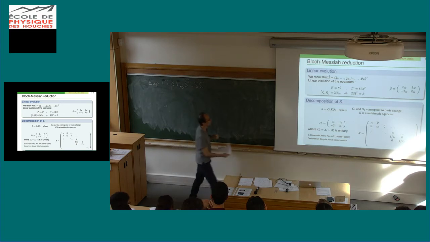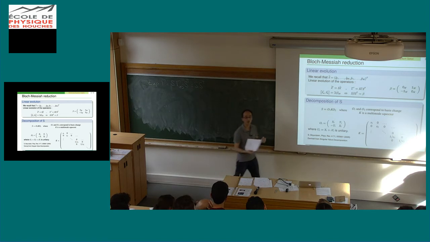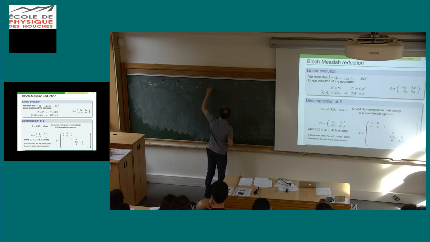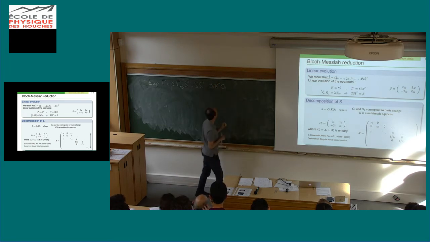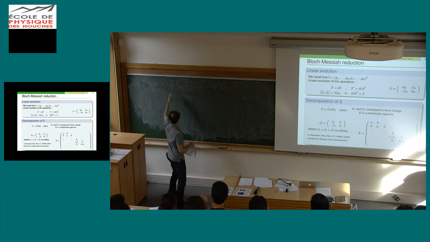So this is simply S transpose. And then I use this, and because O2 is a basis change, O2 transpose is the identity. So what I get is O1 K squared O1 transpose. So this is the covariance matrix I get for any state I generate through parametric down conversion. And what is it?